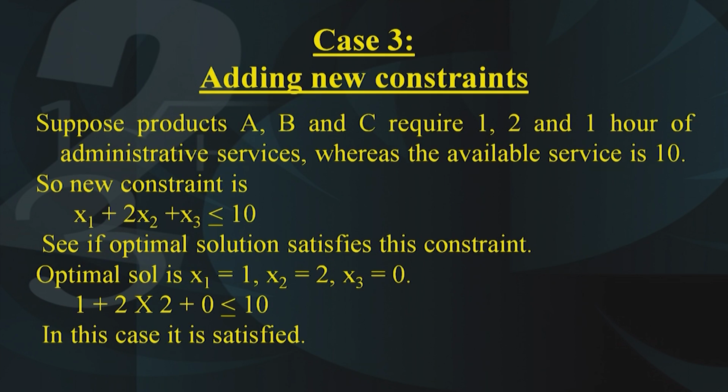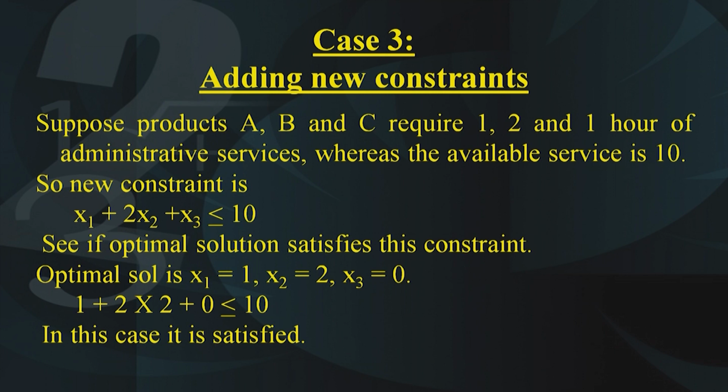Case 3, adding new constraints. Now, suppose products A, B and C require 1, 2 and 1 hour of administrative services. So, as you know, earlier there were only two conditions.